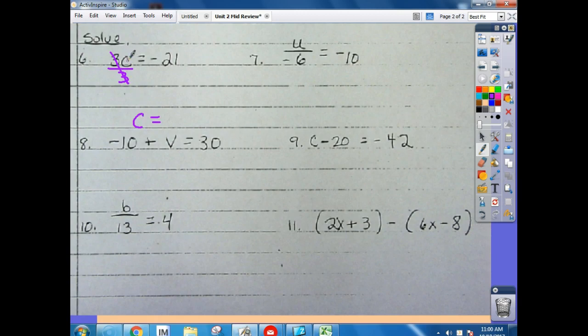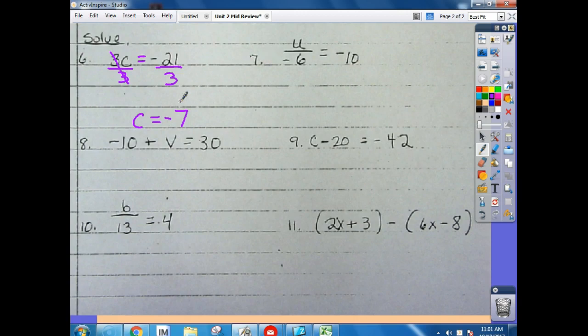Whenever I do this, that leaves me with c on the left side. In order to maintain equality, this is an equal sign here, I have to divide the other side of the equal sign by 3 too. In doing that, I know that 3 will go into 21 7 times, but this is a negative divided by a positive, so it will give me a negative quotient. My answer to number 6 is c equals negative 7.